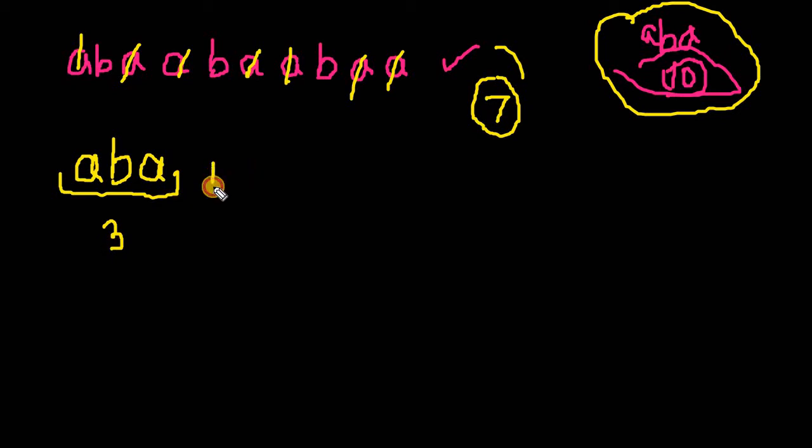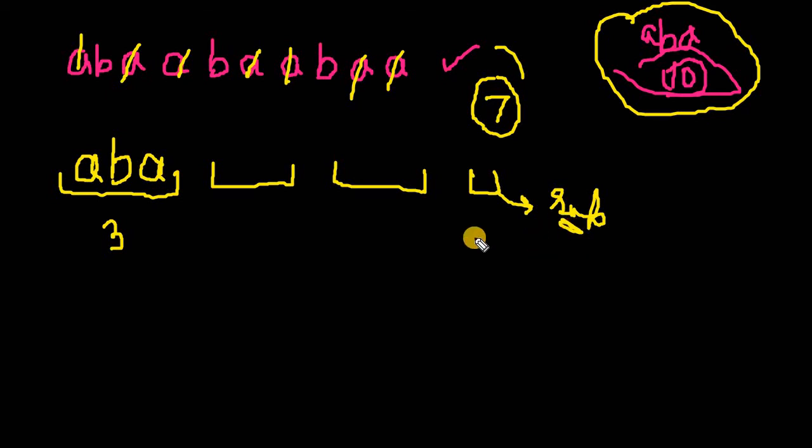What it will mean is, we'll add the string one more time, again one more time, and then a single character. Let's consider this as a substring for now, and we'll look at it in a minute. We'll be copying the entire string here, again here, and then some part.